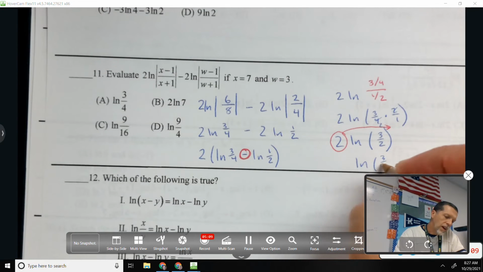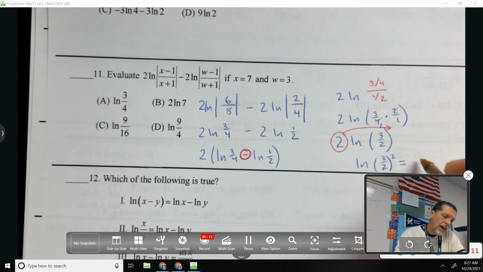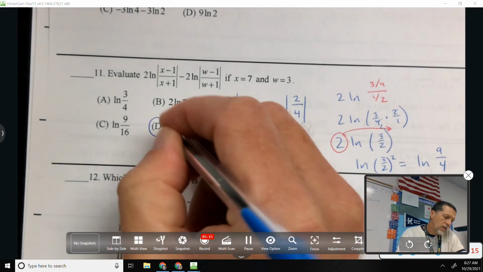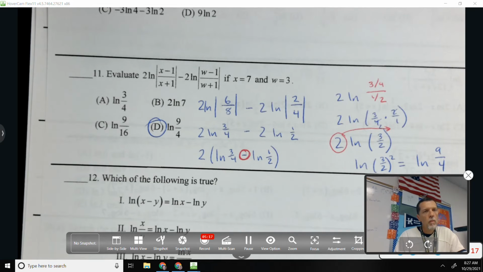Natural log of 3/2 squared. And now I'm good. 9/4 is D. So yes, lots and lots of manipulation with log rules.